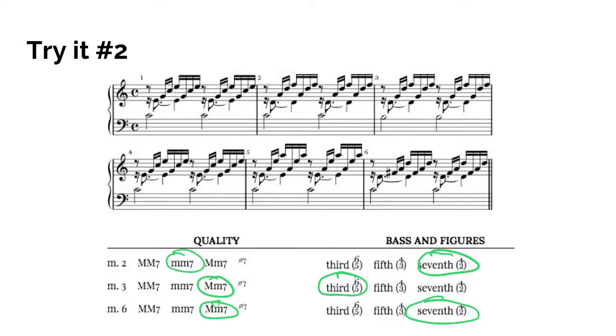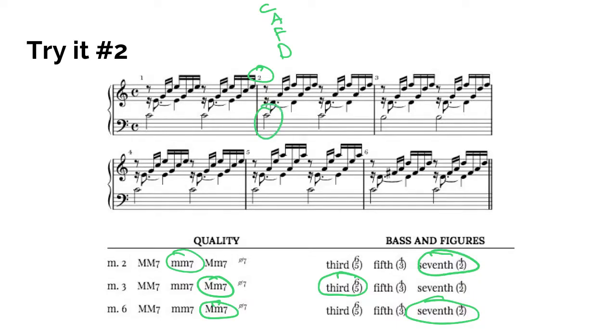So let's look at measure 2. What are the notes we have here? We have D, F, A, C, if we were to stack them in thirds.